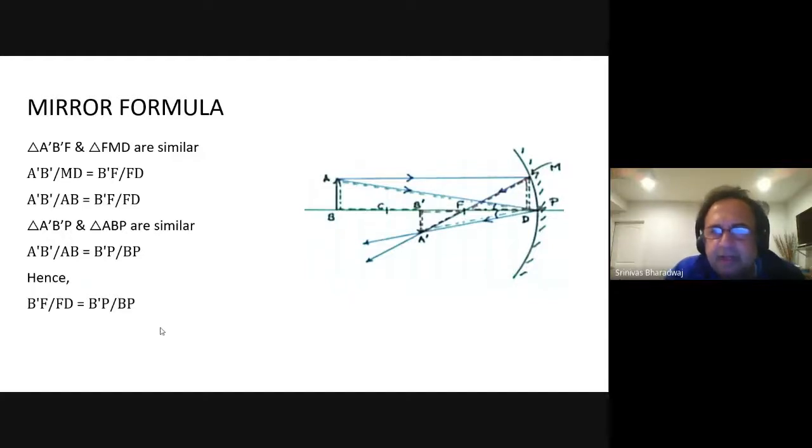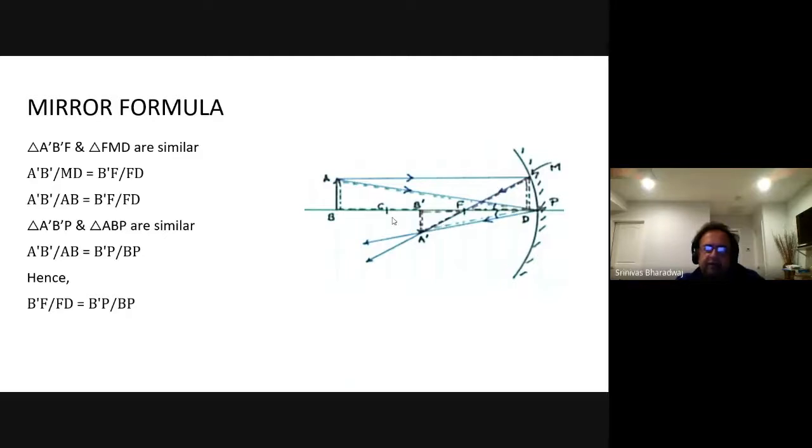Or see, A prime B prime F, this triangle is similar to F M D, this triangle. That makes sense. A prime B prime is parallel to this line. Therefore, this angle is equal to this angle. This line is perpendicular to this, and this line is also perpendicular to the same line, so they're also parallel.